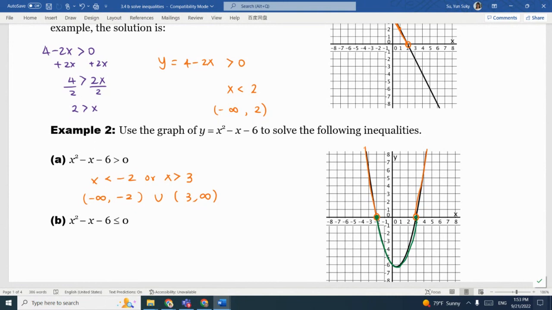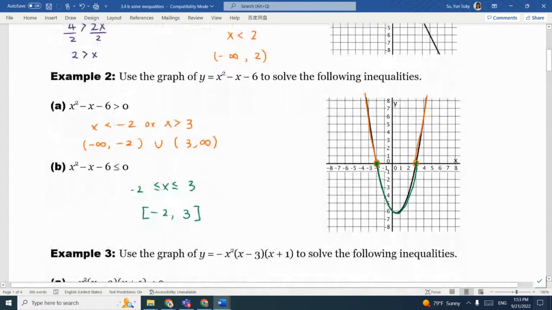And can you tell me what the x values are? Between. So do we put bracket or parentheses? Bracket, negative 2 and 3, bracket. So far, so good, everybody?